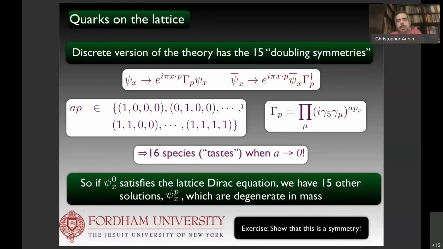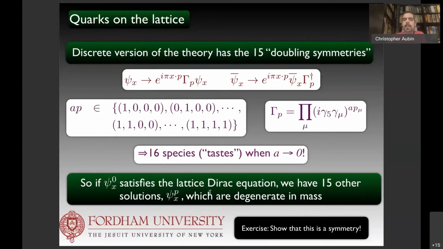But what this means is that because our discrete version of the theory, not the continuum version, not continuum QCD, has this symmetry, then if we have a fermion which satisfies the lattice Dirac equation, there are 15 other solutions labeled by this psi p, where I can make this transformation, which all have the same mass.